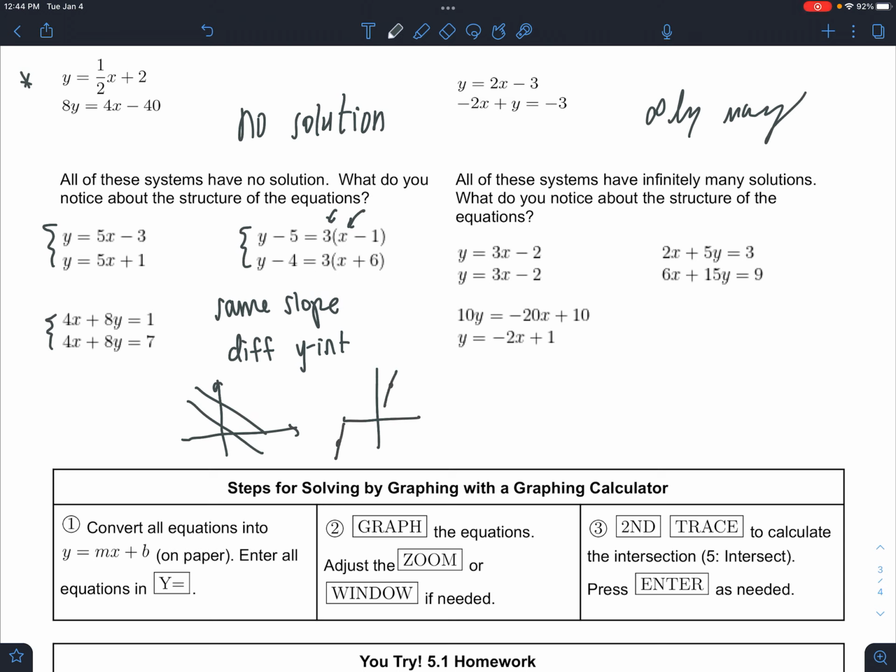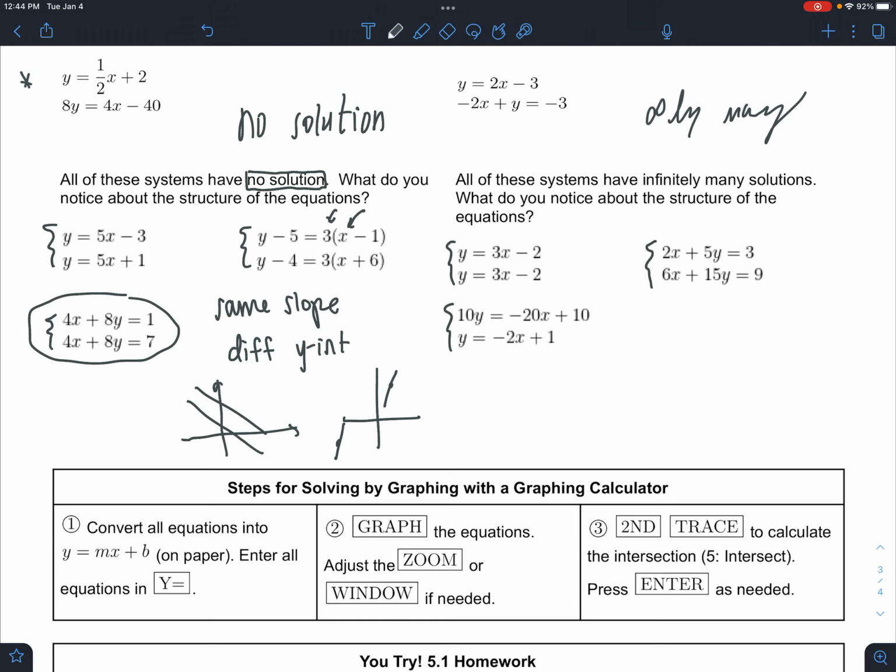Those are also parallel lines, yeah? And then if you did some work with this one, I bet you could see that they have the same slope. They look really similar, but it seems like that constant term is a little off. So these all have no solution, okay? So parallel lines means no solution. That's a big connection.